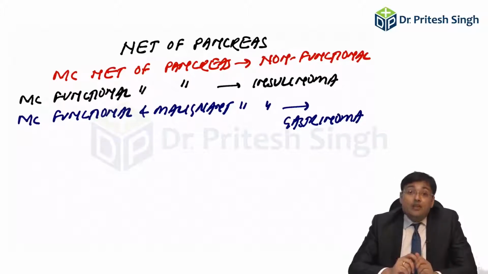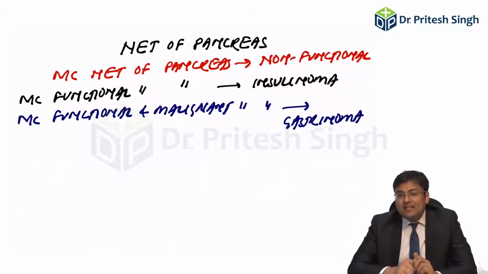So neuroendocrine tumors are symptomatic because of production of active substance. That's why they are symptomatic at a very early stage, diagnosed at early stage and treated at early stage. That's why neuroendocrine tumors have much better prognosis than adenocarcinoma.